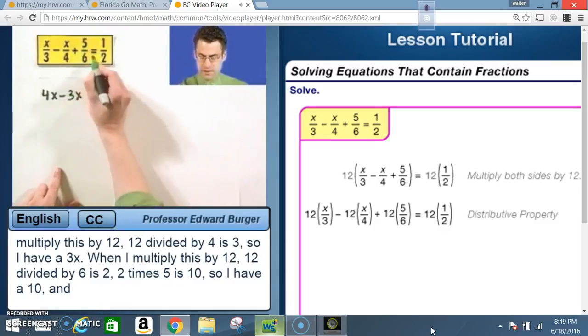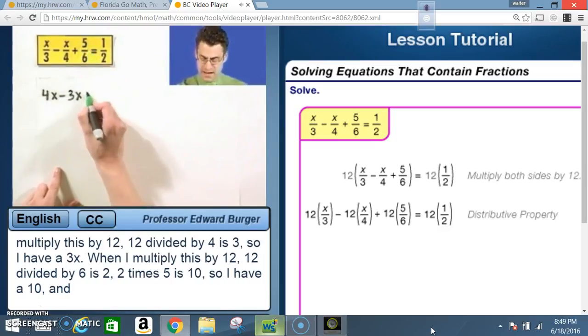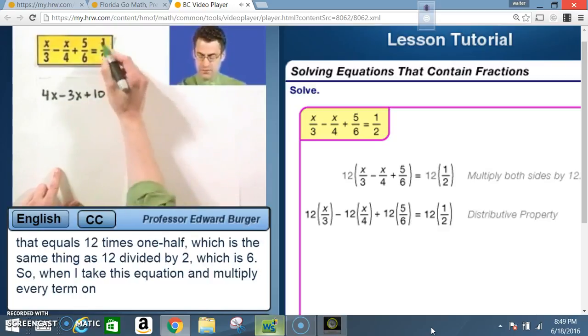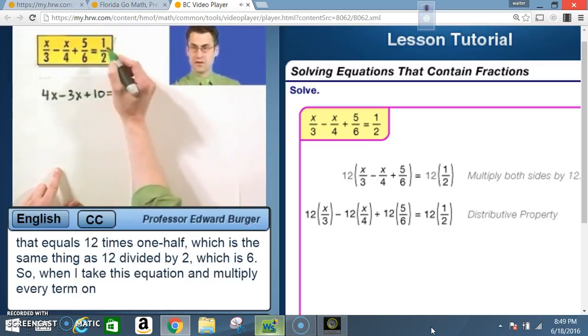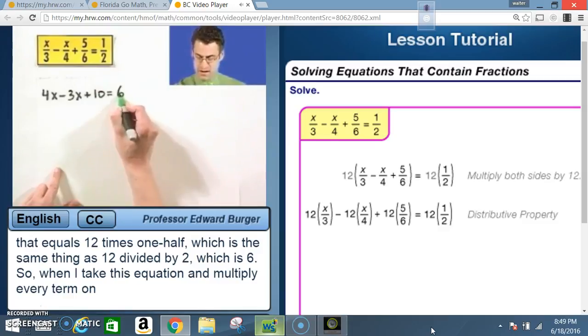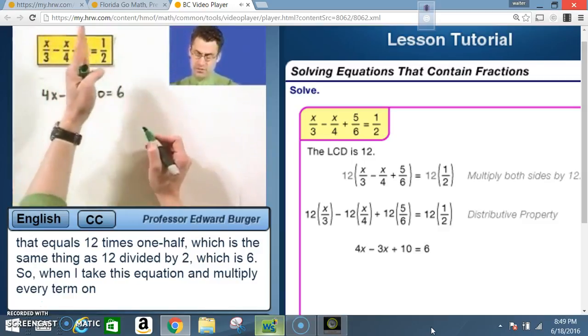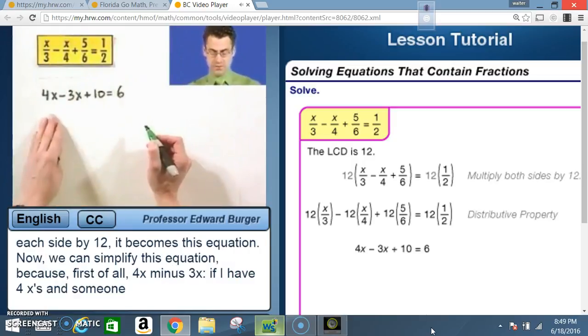When I multiply this by 12, 12 divided by 6 is 2, 2 times 5 is 10, so I have a 10, and that equals 12 times 1/2, which is the same thing as 12 divided by 2, which is 6.